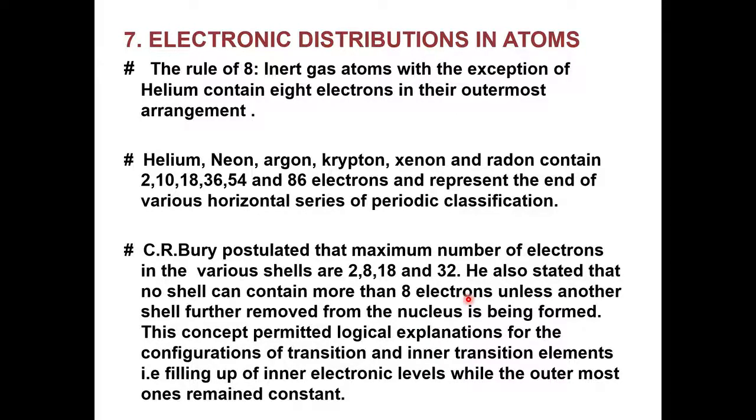This concept permitted a logical explanation for the configurations of transition and inner transition elements, that is, the filling up of inner electronic levels while the outermost ones remain constant.